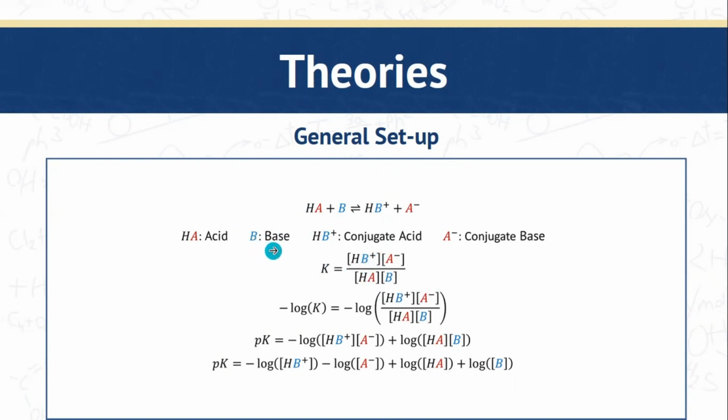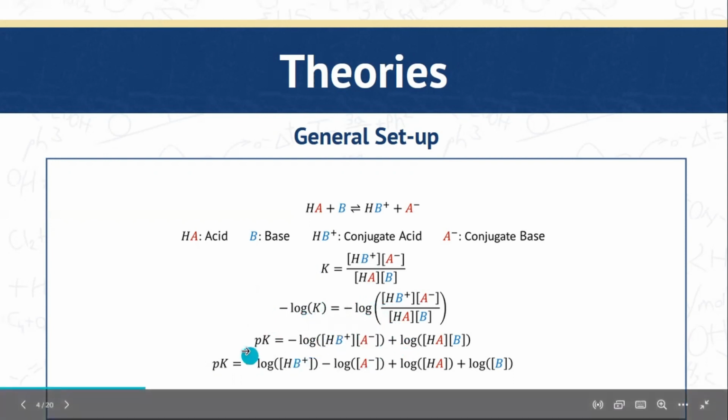For this, we shall be using the negative logarithm. What is useful here is that if we use the negative logarithm of K, we can use the pK value. Moreover, if we use the negative log for these terms, we shall be using the definition of pH and pOH later on. So this is the working equation that we'll be using to form the different forms of the Henderson-Hasselbalch equation.